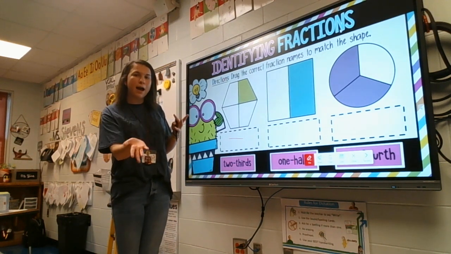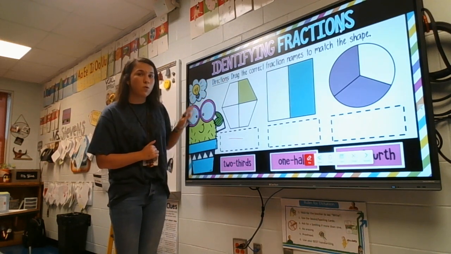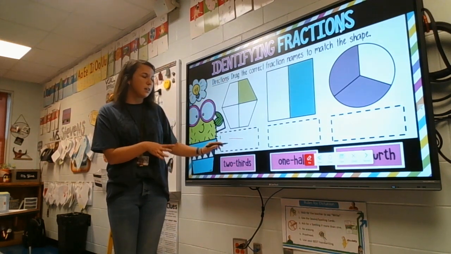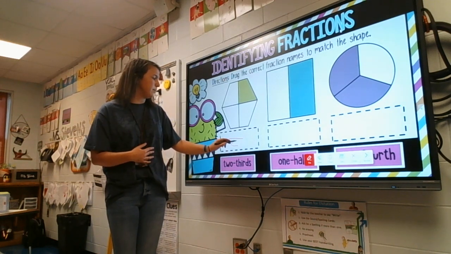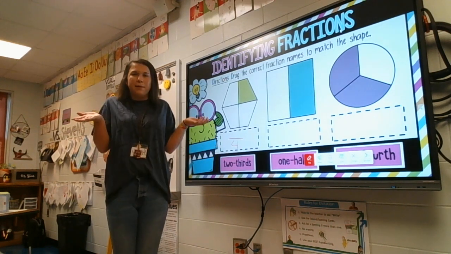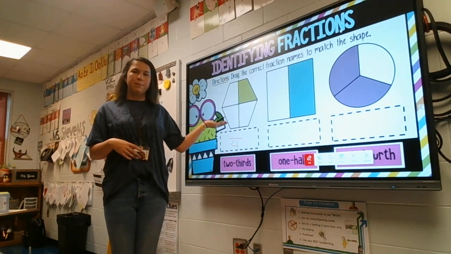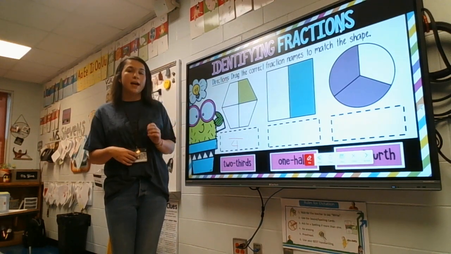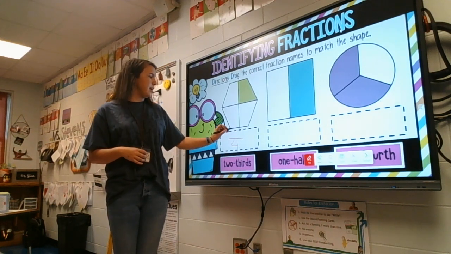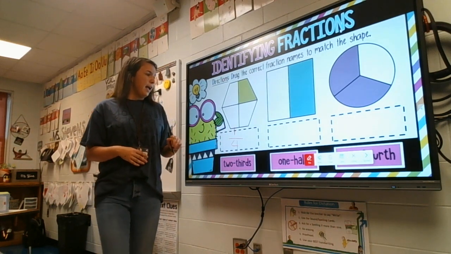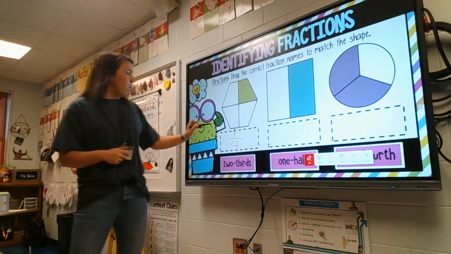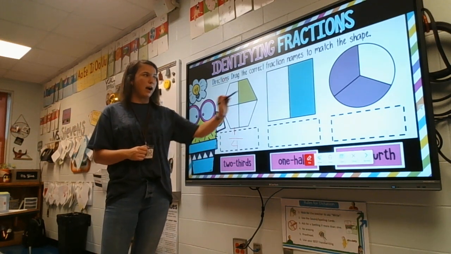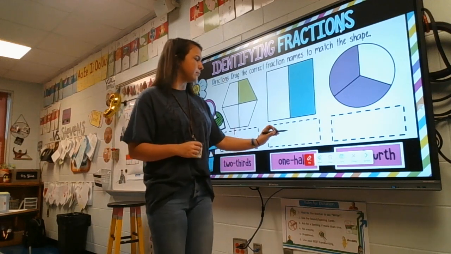It's going to go on my bottom because it's the total. That is called my denominator. My denominator always goes on the bottom, and that's my total. Now, how many parts are shaded? How many parts are green? 1. 1 part is green. So that's my numerator. That's going to go on top. And the way that we read that is 1/4.